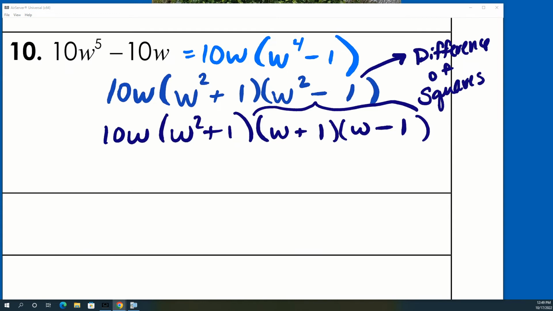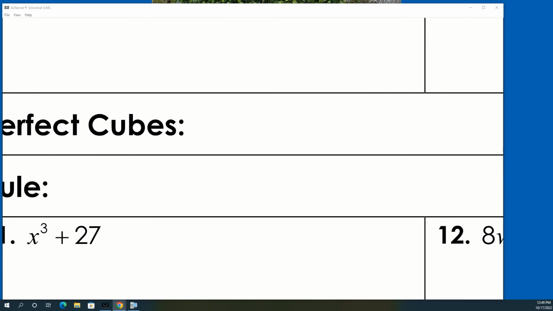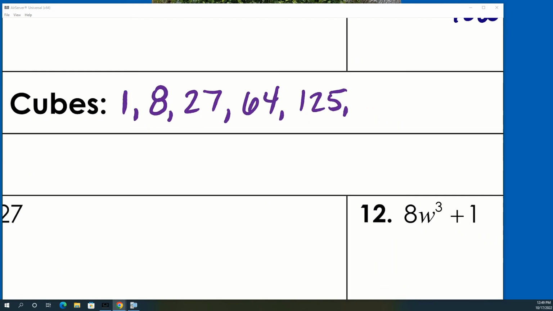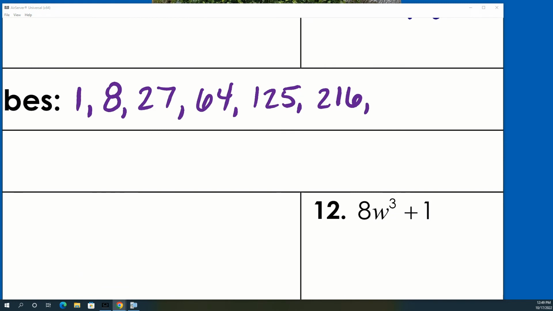You just take 1 and cube it. 1 cubed is 1. Take 2 and cube it. 2 cubed is 8. 3 cubed is 27. 4 cubed is 64. 5 cubed is 125. 6 cubed is 216. 7 cubed is 343.